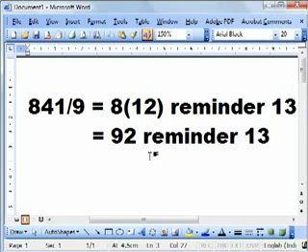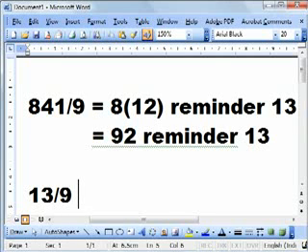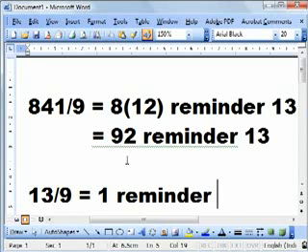So 13 is actually greater than 9, so again we need to apply the same rule. So 13 divided by 9. This particular operation goes into a second iteration. So 13 divided by 9, again same rule, 1, and the remainder is 4.